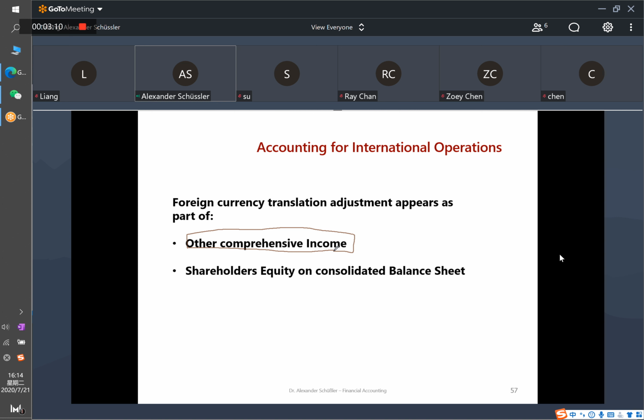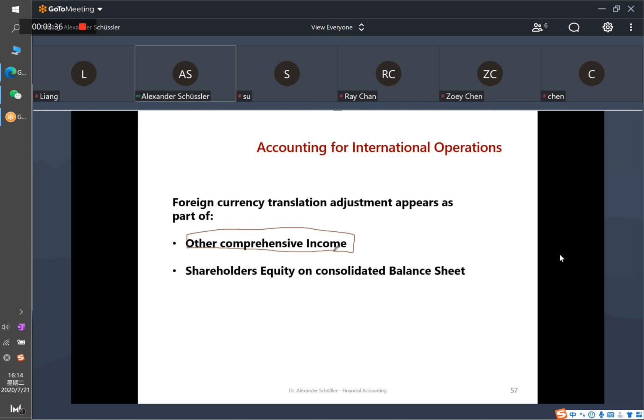Transaction gains are something different. Transaction gains are when you sell or buy goods denominated in a foreign currency, and the currency changes from the point in time when you sell the good or product to the point in time when you receive the money.